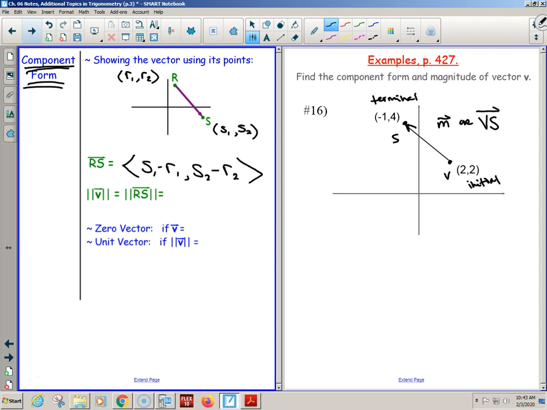I'm going to write it right above, because some of you might have gotten lost with all the lowercase letters and new notation. So we're doing terminal, where the arrow is, minus initial, splitting it into a horizontal component and a vertical component. You can think of it as horizontal change and vertical change, and change in math is always a subtraction.